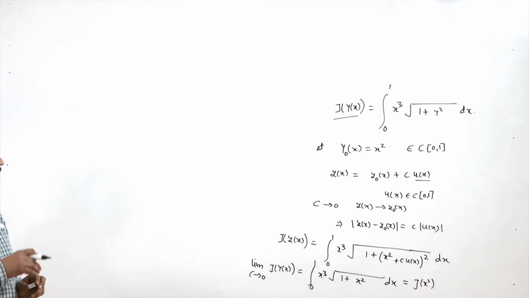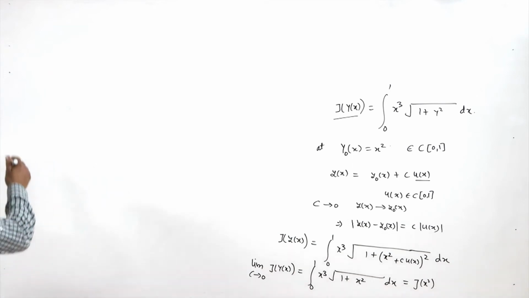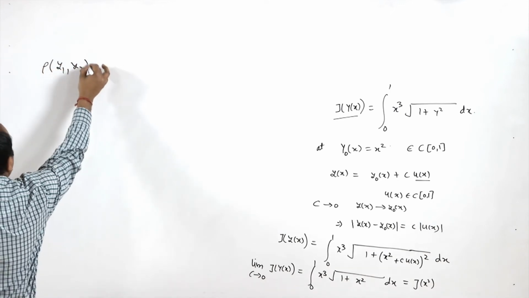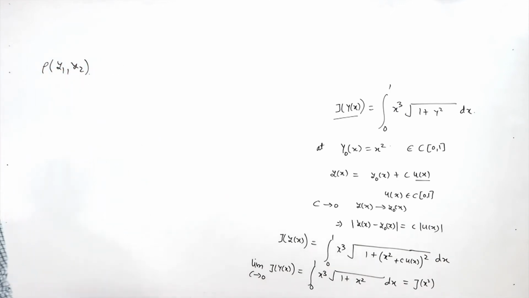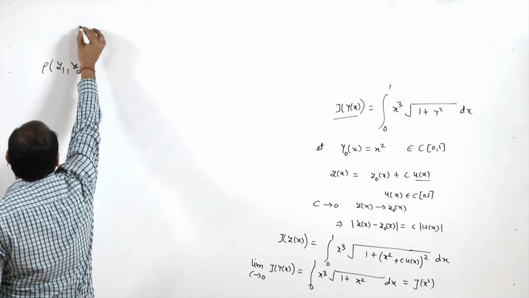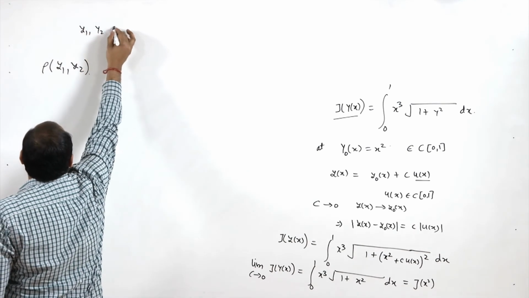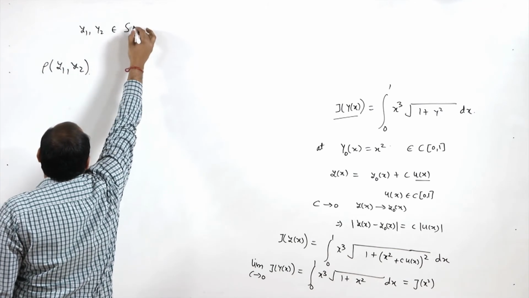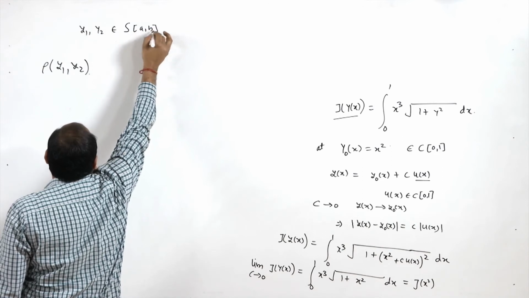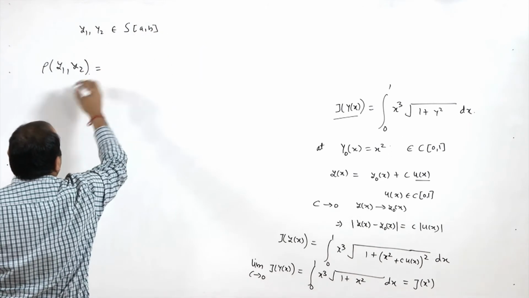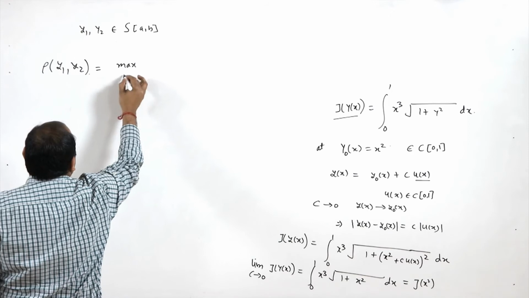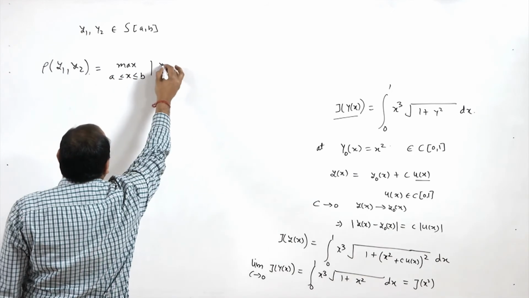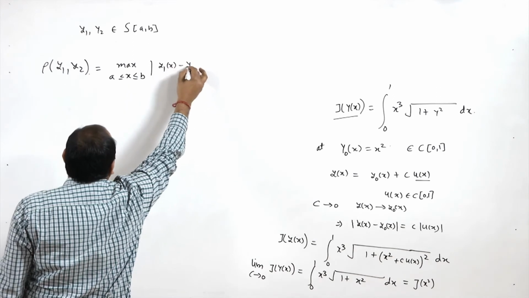Now if you look at this closeness in terms of mth order proximity, we can also define the distance between two functions, say y1 and y2. So let us define the distance between y1 and y2, where these y1 and y2 are functions of some function space, let us call it S, defined on say a to b, and it is nothing but the maximum over x between a to b of the absolute difference y1 of x minus y2 of x.